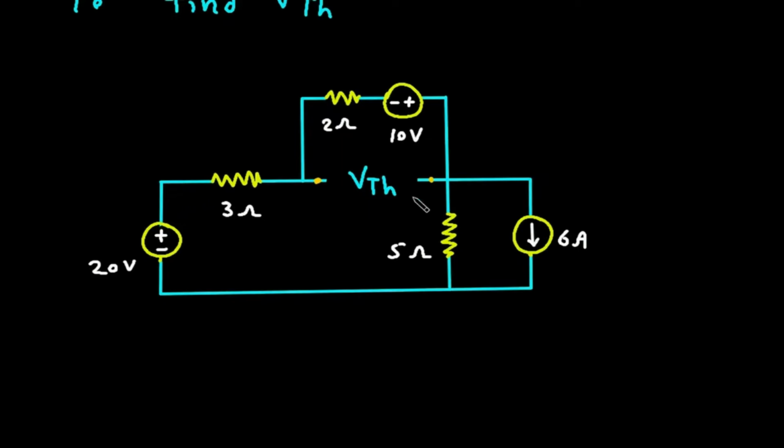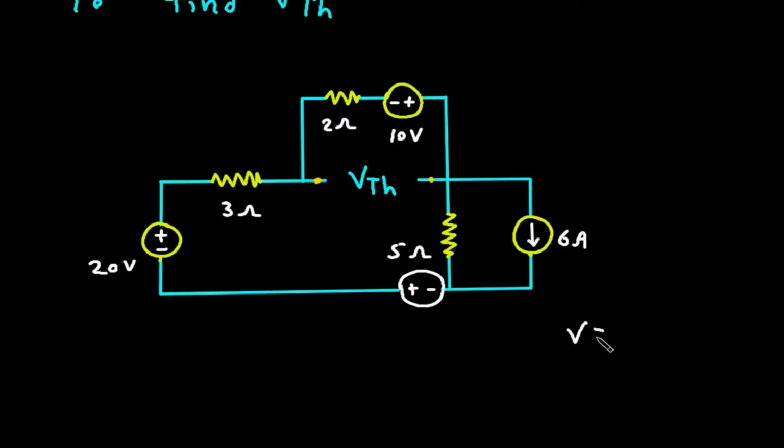Let's say this is current I. First we will convert this current source into its equivalent voltage source. So its equivalent voltage source will be in series with this 5 ohm. This is positive and this is negative according to the direction of this current.